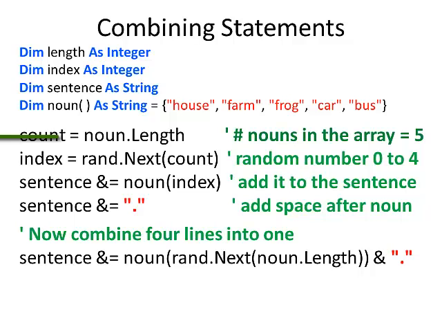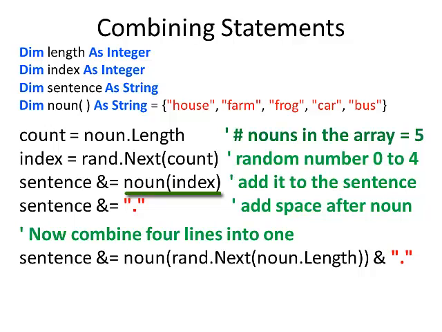Noun.length is going to be a 5 in this example because I have 5 strings in the array. Then I can say rand.next sub count, rand.next sub 5. This is going to return a random number between 0 and 4 and store it into index. Then I can say noun sub index. This is going to give me one of the nouns.